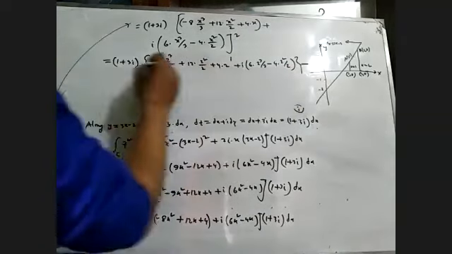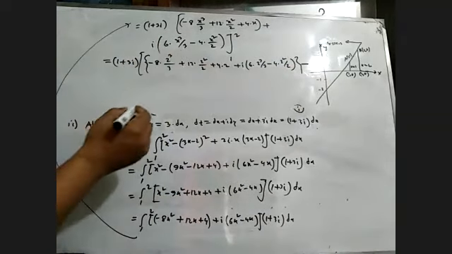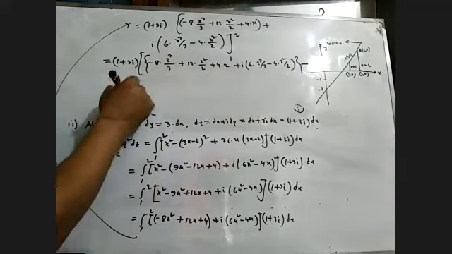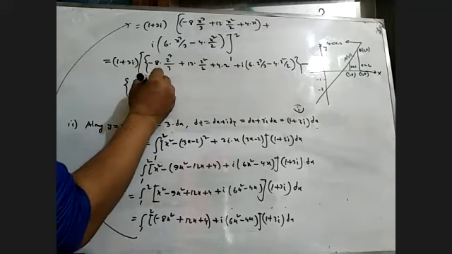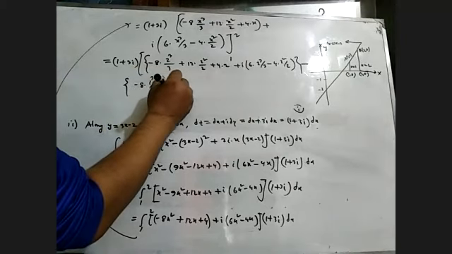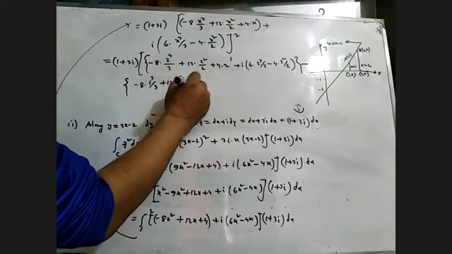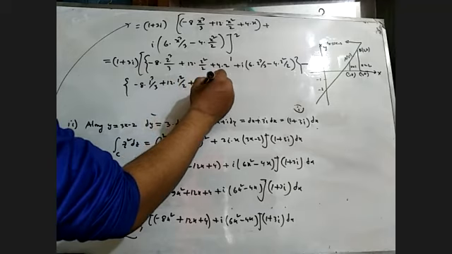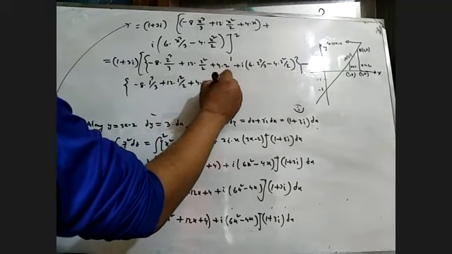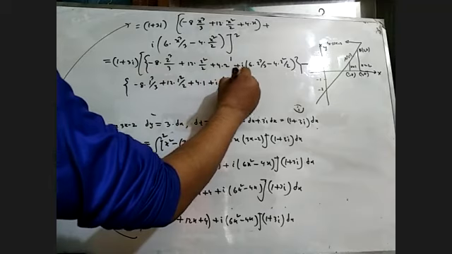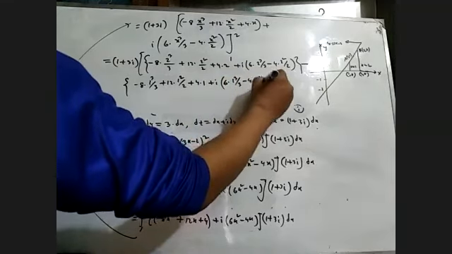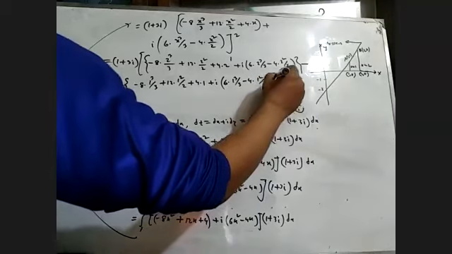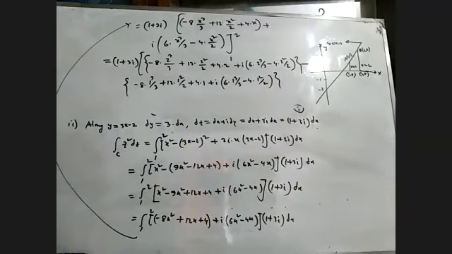This is by putting x equals to 2. Now minus, putting x equals to 1: minus 8 into 1 cube by 3 plus 12 into 1 square by 2 plus 4 into 1 plus i, 6 into 1 cube by 3 minus 4 into 1 square by 2. Okay.